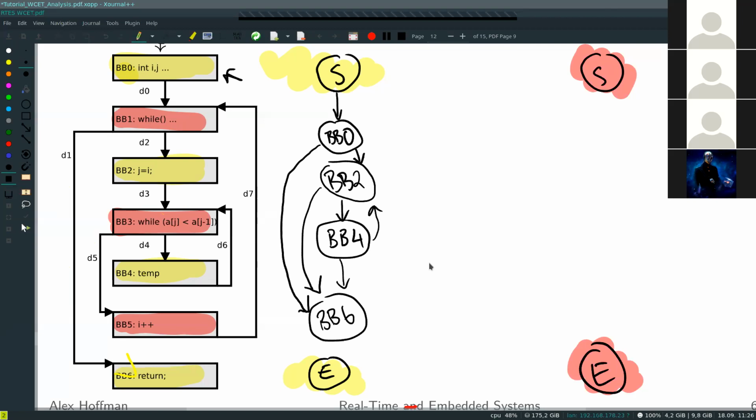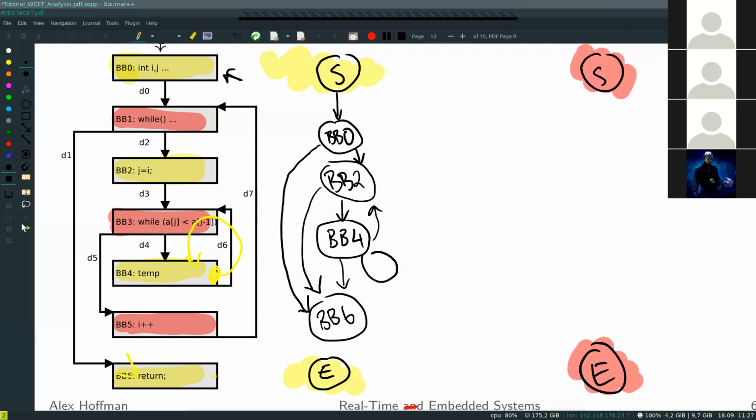So imagine I'm at BB4, and I go back up to BB3 to the while loop, and it evaluates to be true again. Where would I go? Nope. So if I'm at BB4 here, I go back up to here, I can go back down to BB4. I can loop back on myself.